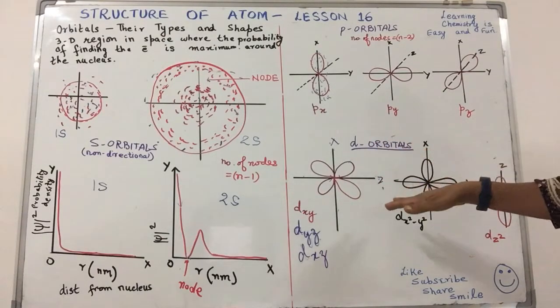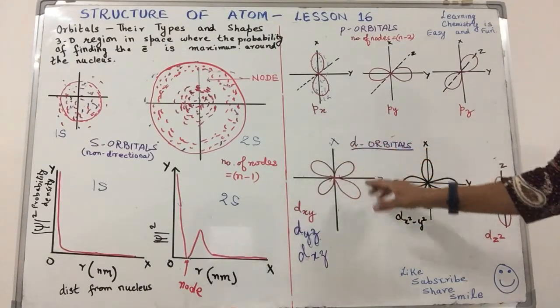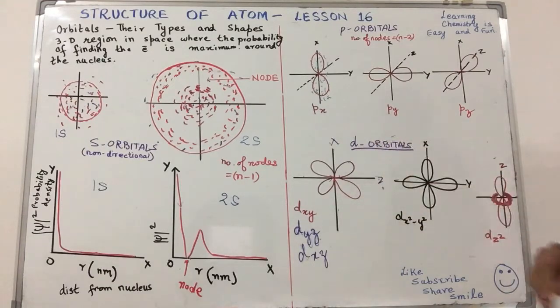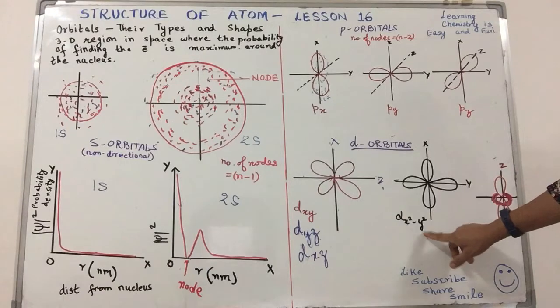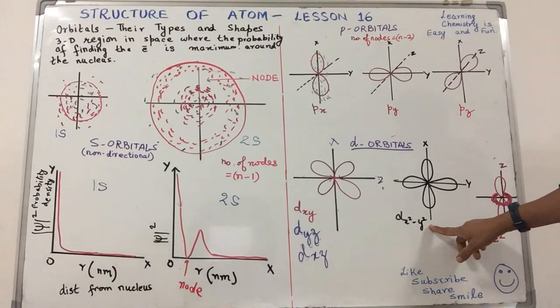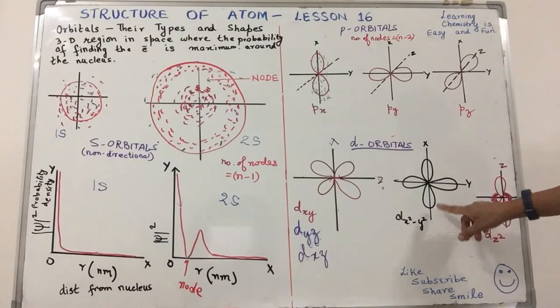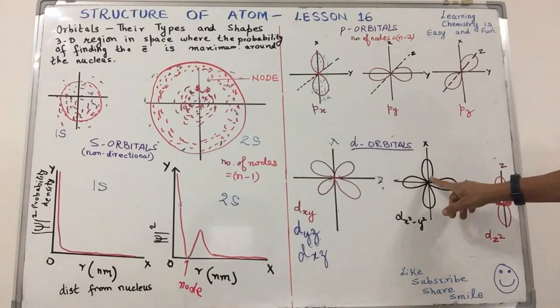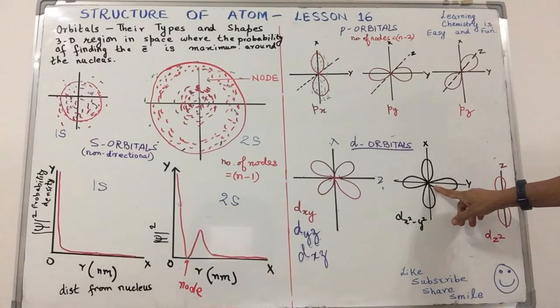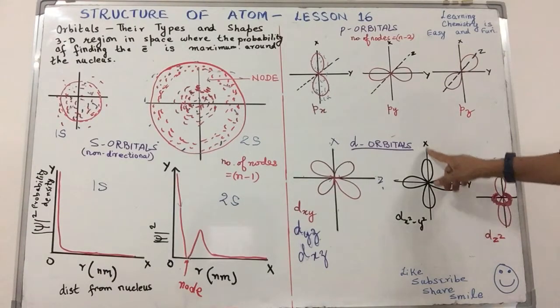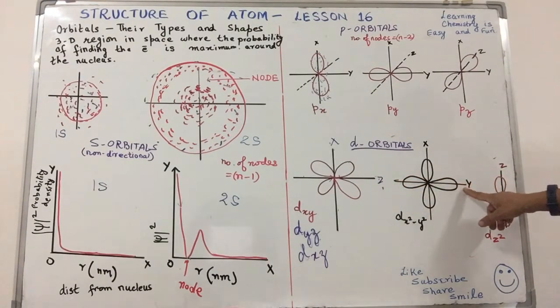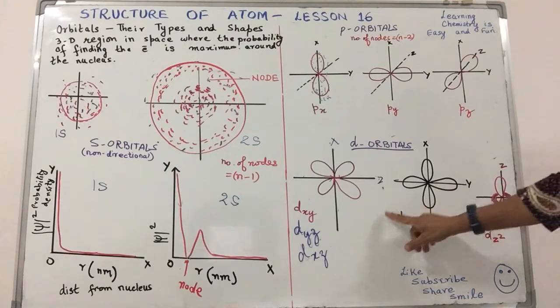Once your basics are clear, then you can draw all the three axes and show the shapes accordingly. Another shape, dx2 y2 or dx square y square, howsoever you may choose to call it. Now these are double dumbbells aligned along the x and the y axis. So this is one orbital.